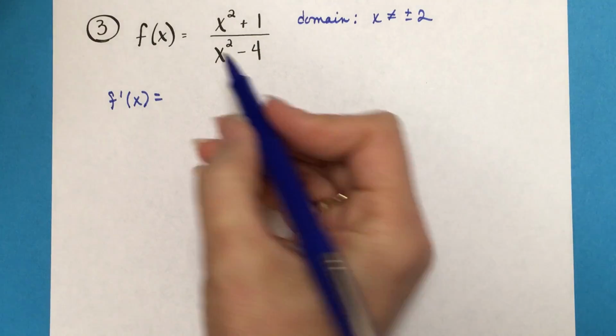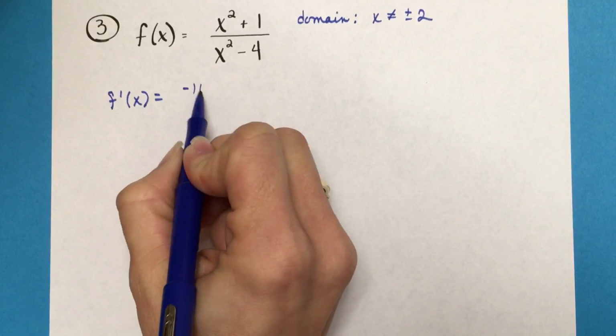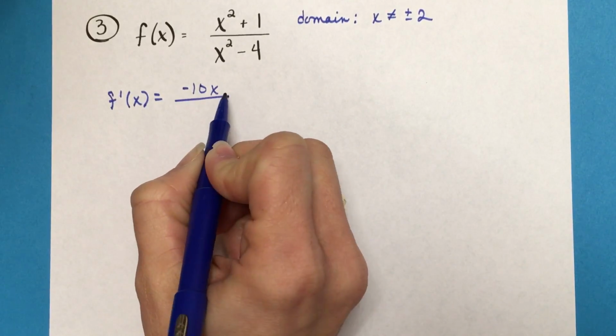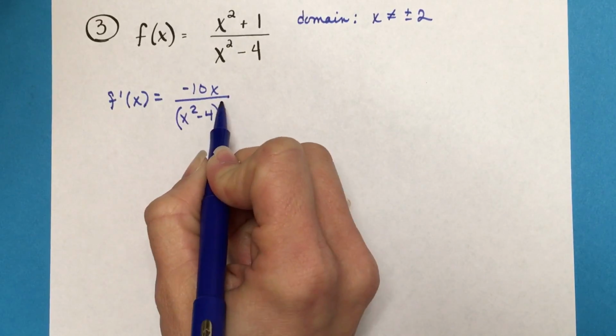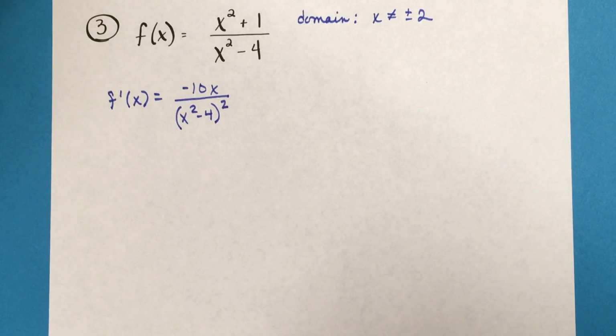So your first derivative, you should get negative 10x divided by x squared minus 4 and that quantity squared. So like I said, work out your quotient rule and see if you get the same thing I get. That'll give you some practice in doing that. I'm just doing this to cut down on time with the videos.